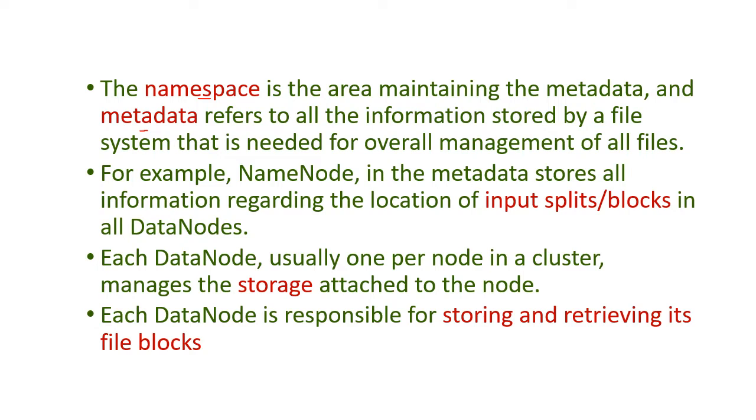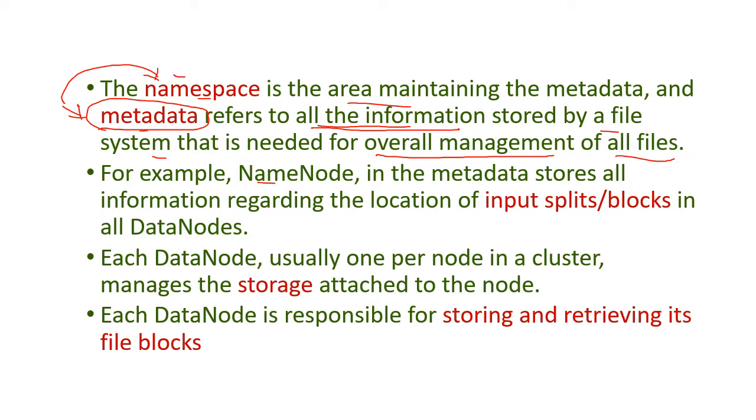Okay. So namespace is the area maintaining the metadata, and metadata refers to all the information stored by the file system that is needed for overall management of all files. That is, the metadata containing the information about all the files will be stored in the name node, and the place where the metadata is stored is called the namespace.